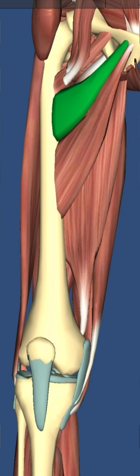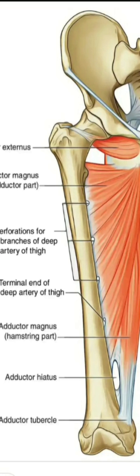Then the hamstring part, of course, you expect it to be supplied by the nerve that supplies the posterior compartment of the thigh, which is the tibial nerve. Now, the gracilis muscle and the obturator externus are supplied purely by the obturator nerve before it divides into anterior and posterior divisions.